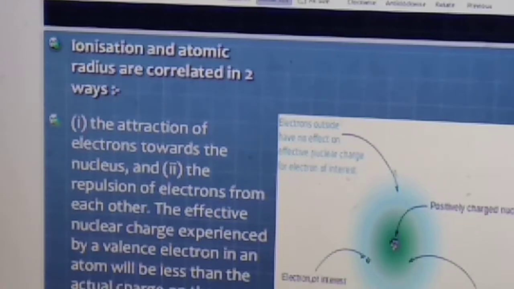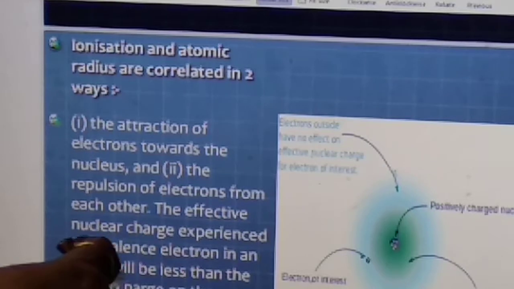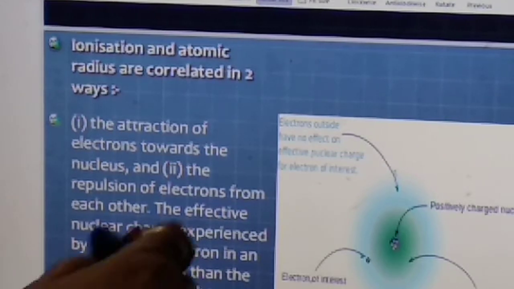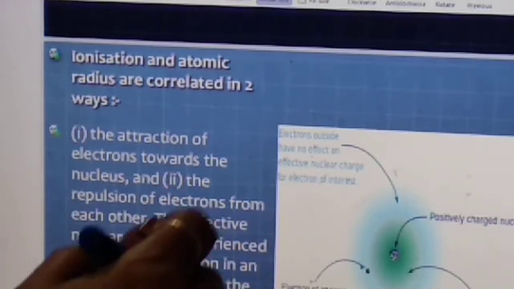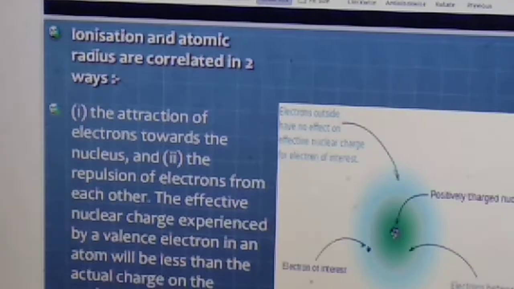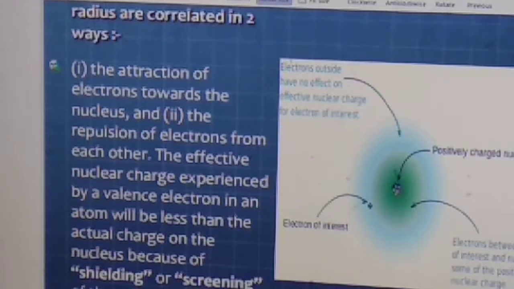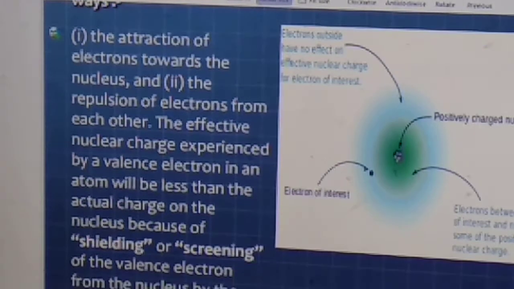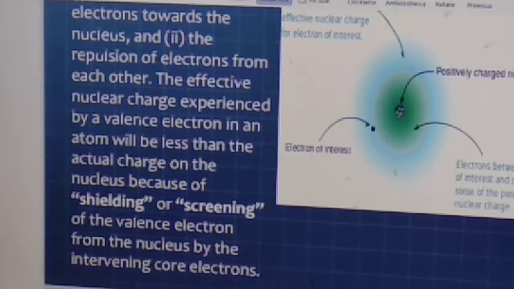The effective nuclear charge, I discussed the previous day, experienced by a valence electron in an atom will be less than the actual charge on the nucleus because of shielding or screening of the valence electrons from the nucleus by the intervening core electrons.